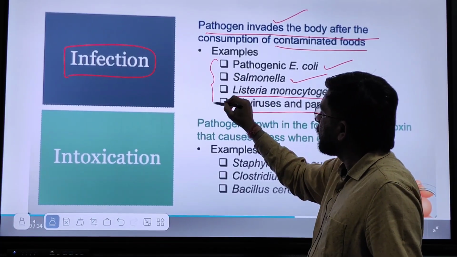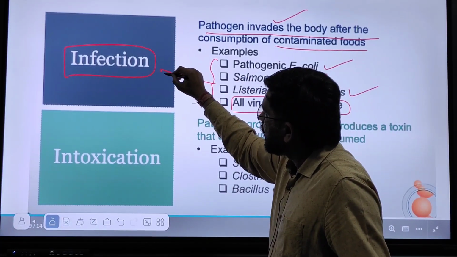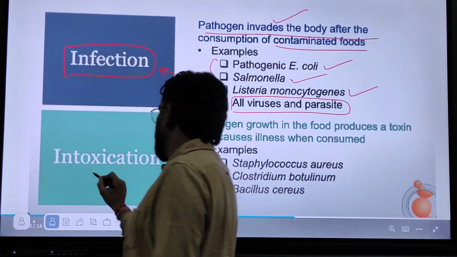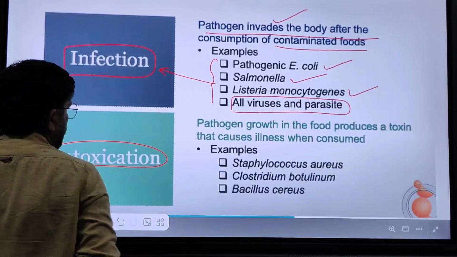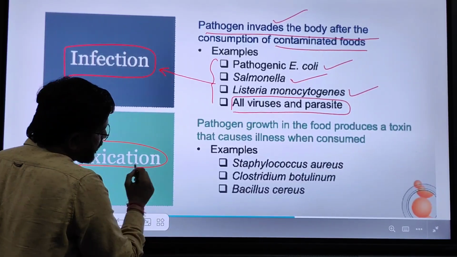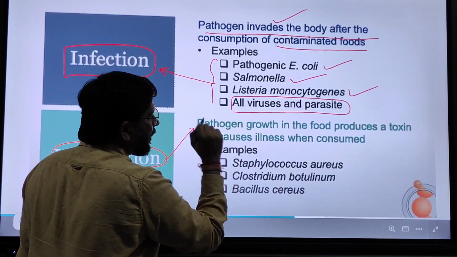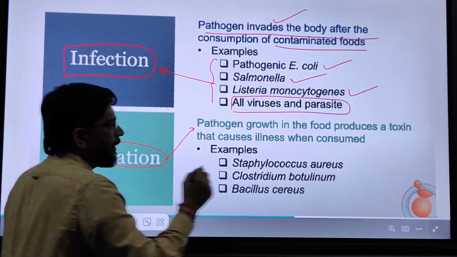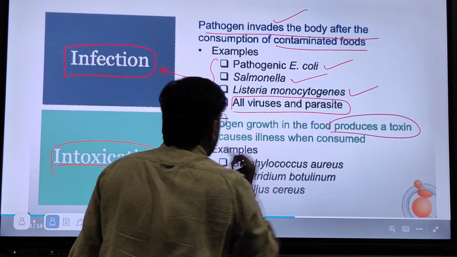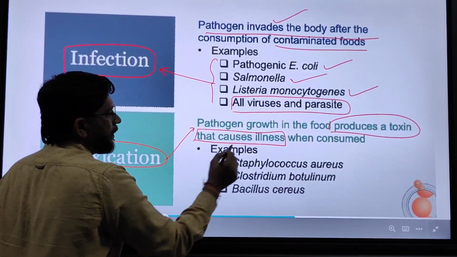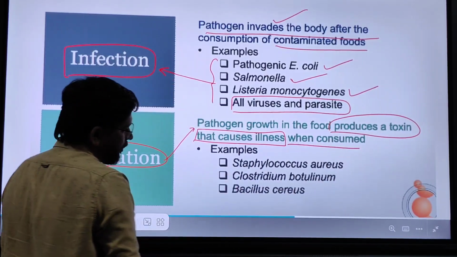Whereas intoxication is a scenario where a pathogen grows inside the food product and secretes toxins that cause illness when that particular food is consumed.